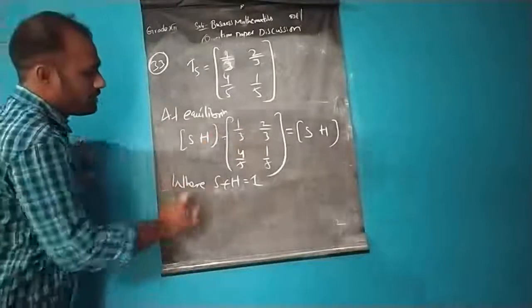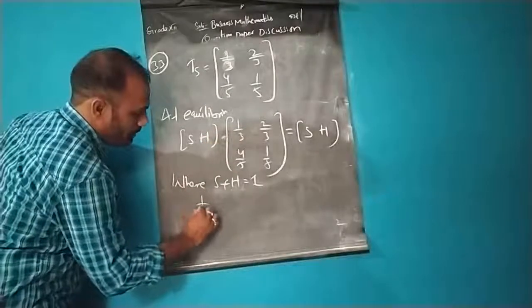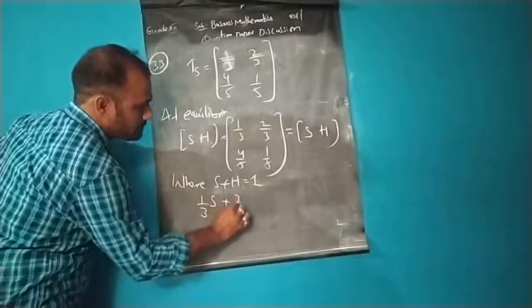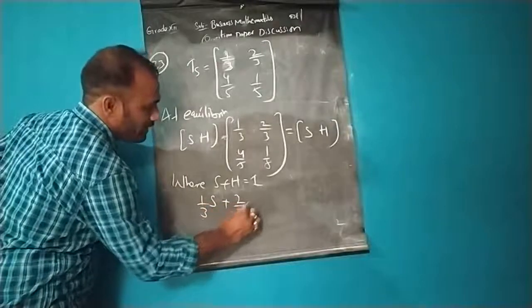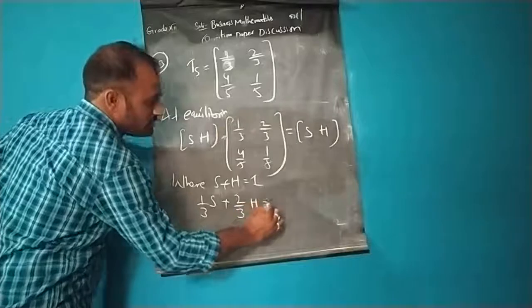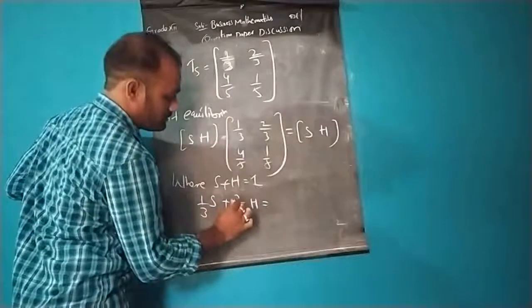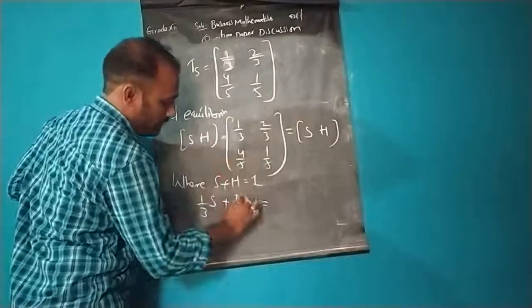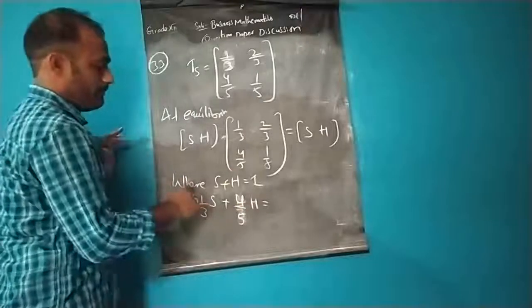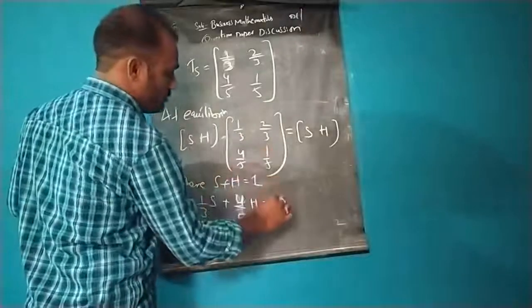So to get the equation, see, 1 by 3 f plus 2 by 3 h is equal to f. Here 1 by 3 f plus sad, right, 4 by 5 happy is equal to f.